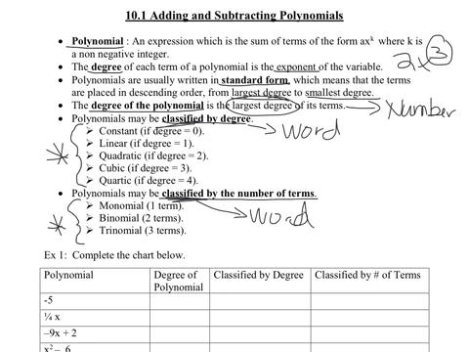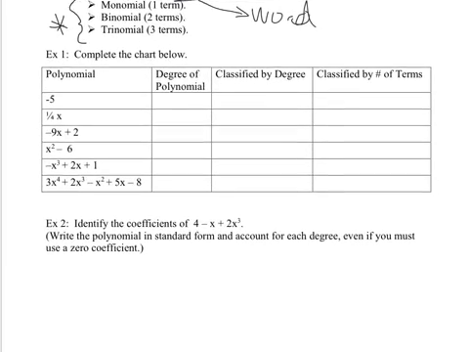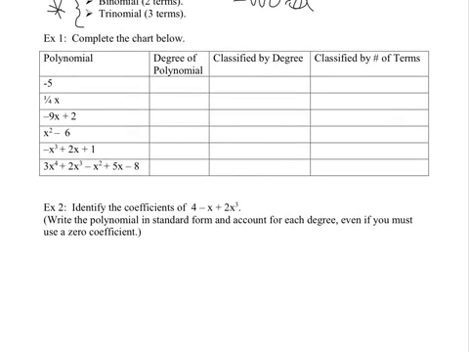So, let's take a little practice here. Let's complete this chart. In this first column, I'm just asking for the degree of the polynomial. We have -5. The degree of the polynomial is 0, right? It's a constant.